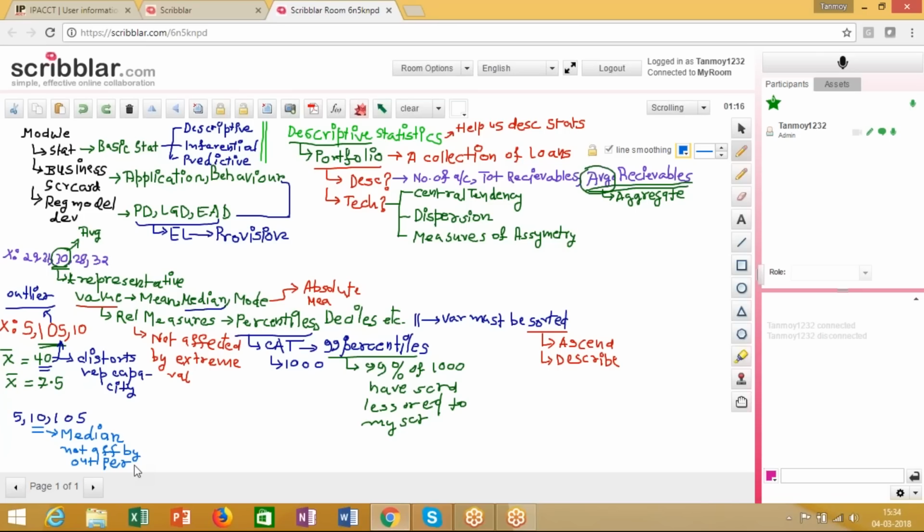However, when you want to frame an idea about the overall behavior of a variable, we need to look not only into mean or median or mode separately, but we bring all three together. And from there, we frame an idea about the behavior of a distribution. The most important thing we need to assess about a distribution is whether it is symmetric or asymmetric.